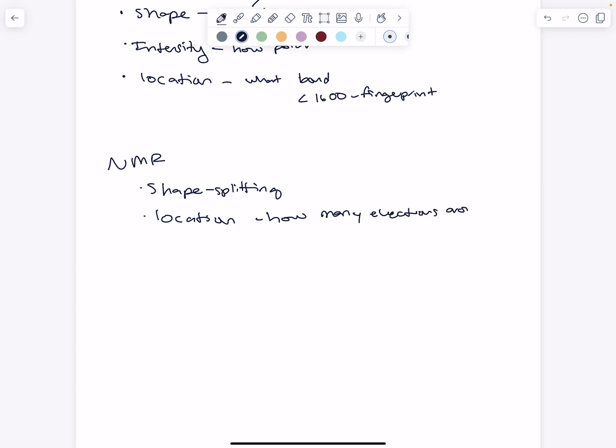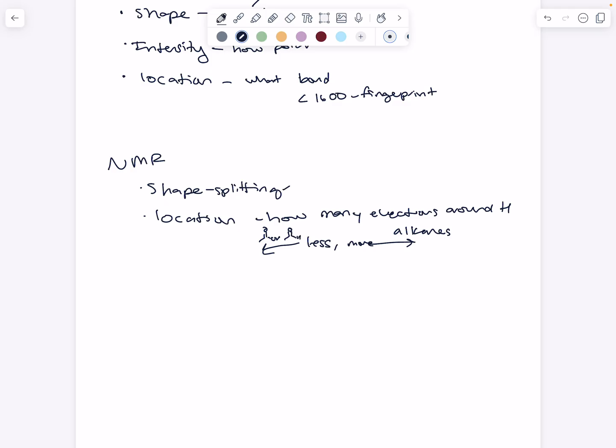If we go to the left towards 10, that means there are fewer, so it's usually bonded to something pretty electronegative. If we go to the right, there are more. So usually this is where the alkanes hang out, and this is where things that are missing a lot of their electron density, like carboxylic acids and aldehydes, hang out.